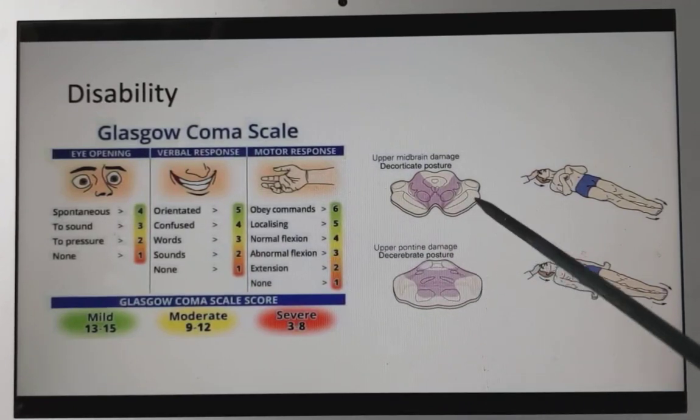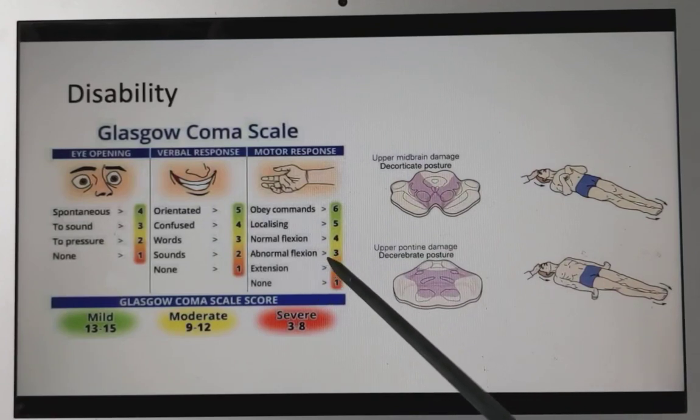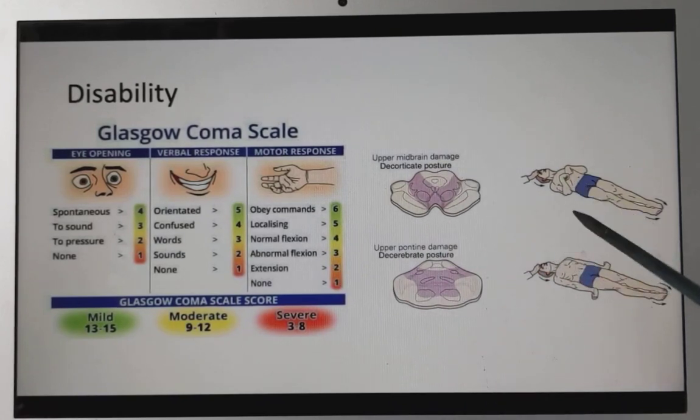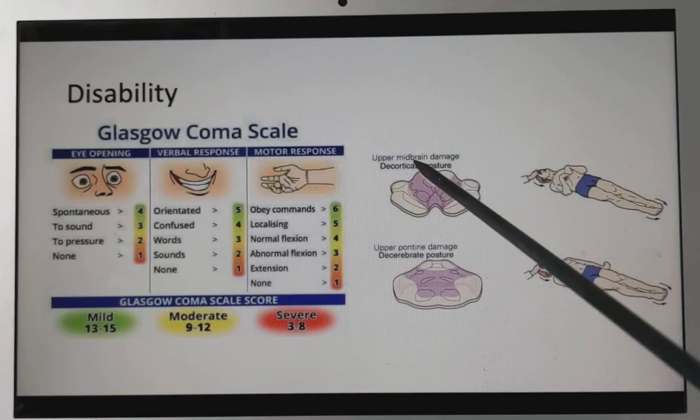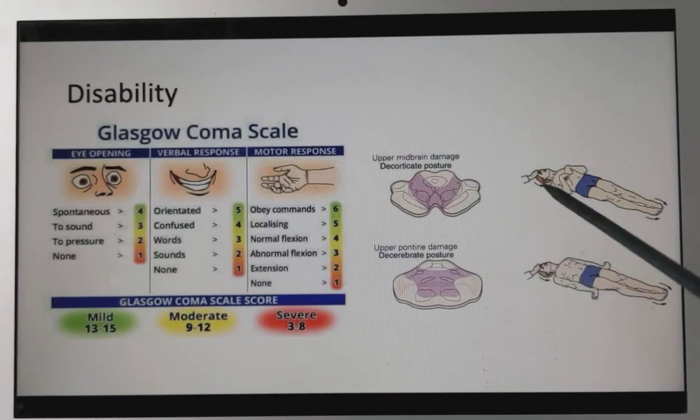An abnormal flexion, so these 3 and 2 are very characteristic responses, where 3 is considered abnormal flexion or a decorticate posture, which you are seeing here, which is because of upper midbrain damage. So decorticate posture is this, where you see like a boxer's pugilistic attitude here, the ankles extended.